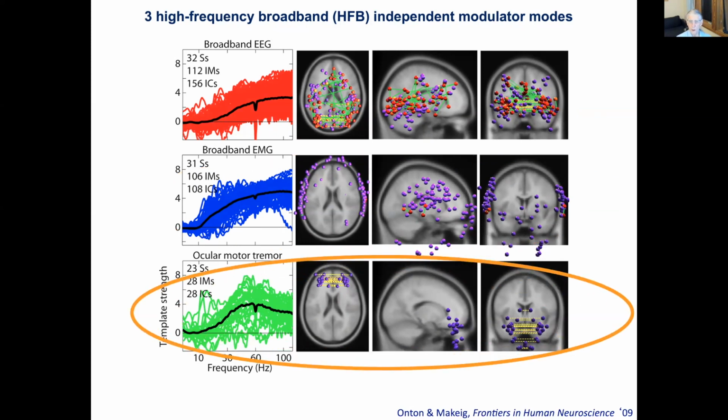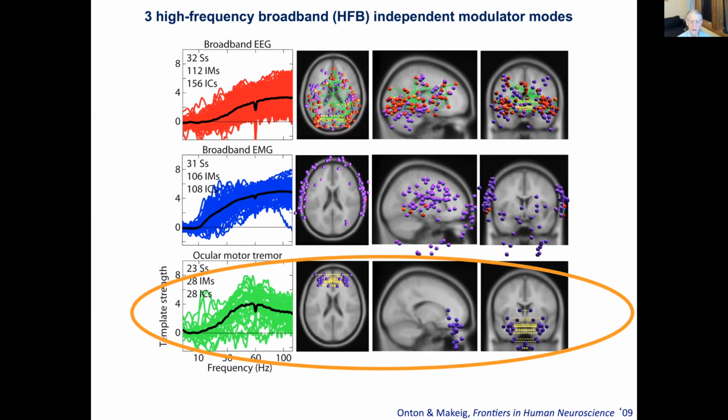Here was a unique class we didn't expect. These localized to bilateral sources in or behind the two eyes. And they show a peak between 50 and 70 hertz. We looked in the literature and found that indeed the ocular motor tremor represents movement of the two eyes, which is synchronized across the two eyes between 50 and 70 hertz, with an extent that can be as small as 1 angstrom, according to the literature.